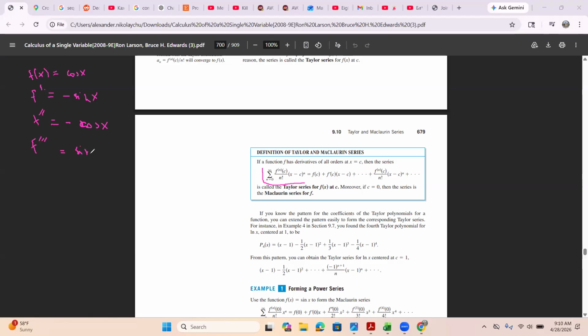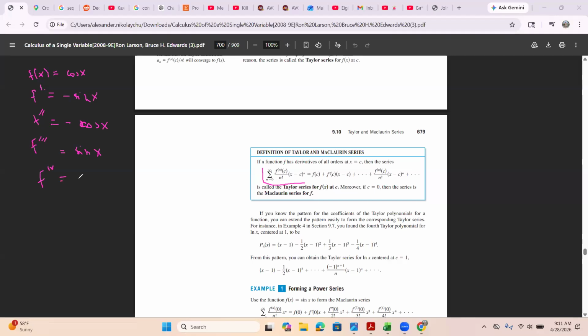The derivative of cosine is negative sine, and then there is another minus, so it's a plus sign. And finally, the fourth derivative, you can put either a Roman numeral, f index 4, or 4 primes.